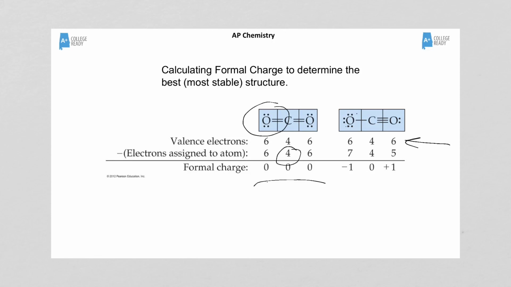They're just distributed a little differently. It doesn't really matter. But then this oxygen, since it has 1 lone pair and then a triple bond, that's 2 plus 1 electron from each bond of 3, so that's 5 total. 6 minus 5 is +1. So again, you're looking for the structure that has the formal charges closest to 0, and that's the best structure.